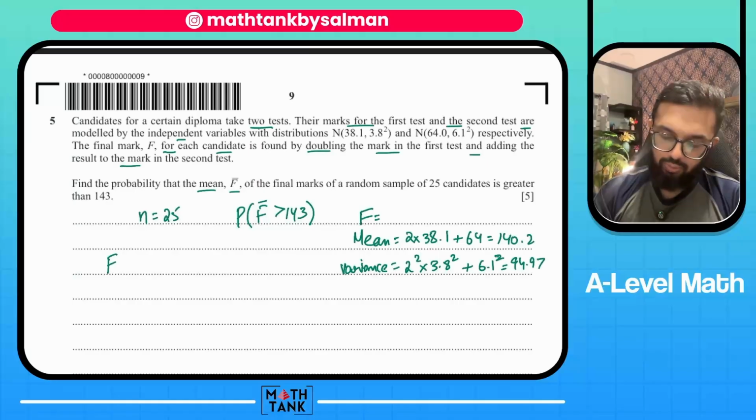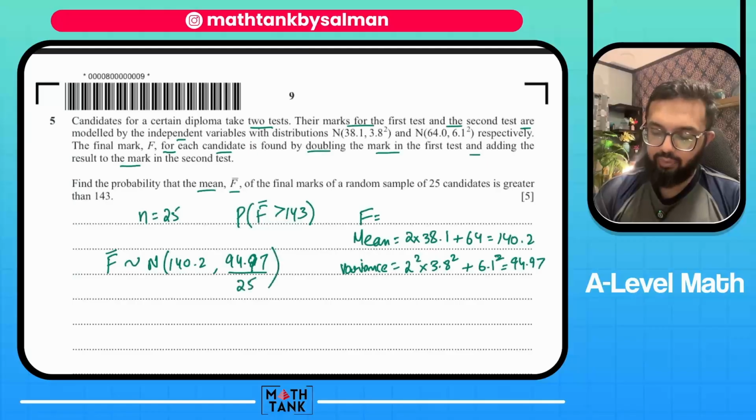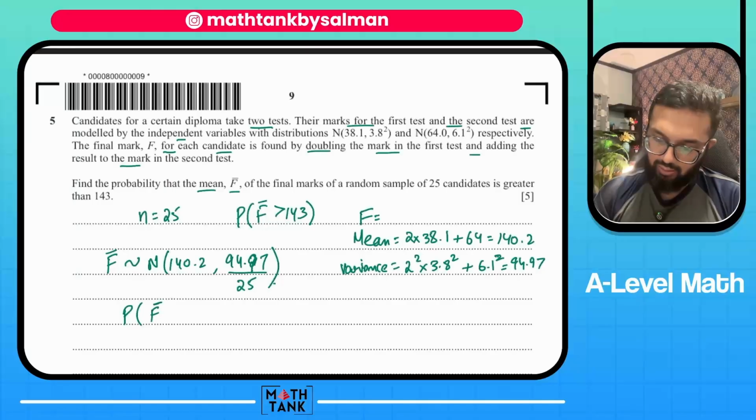Okay, then the distribution of F bar is going to have the same mean, but the variance is going to be divided by n. Then for the probability of F bar to be greater than 143, z greater than 143 minus 140.2 divided by root of 94.97 divided by 5.